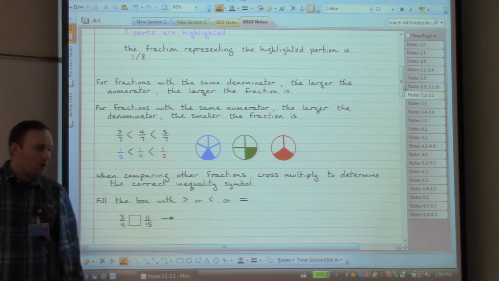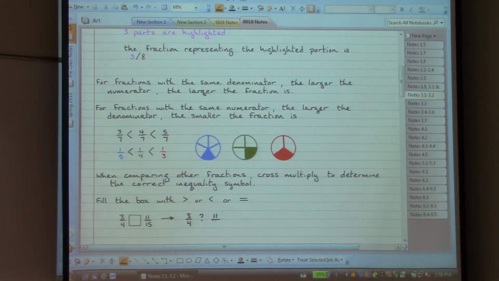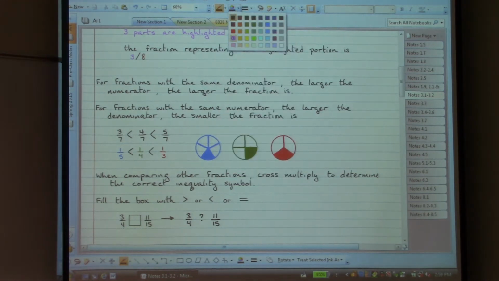What we want to do is called cross multiplying. Now it's very particular that we have to start with the top number. So when we are looking at this particular situation, we start with the top number of the first fraction specifically, and then we create part of a cross shape by using the bottom number of the second fraction, so that's the cross, and the multiply means that we take those 2 numbers and multiply them together.